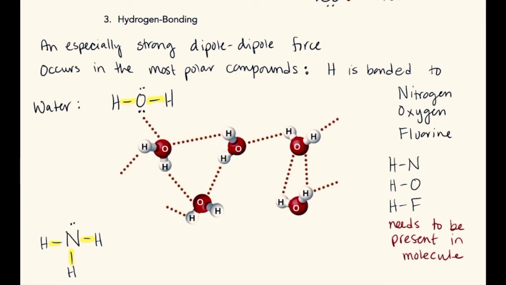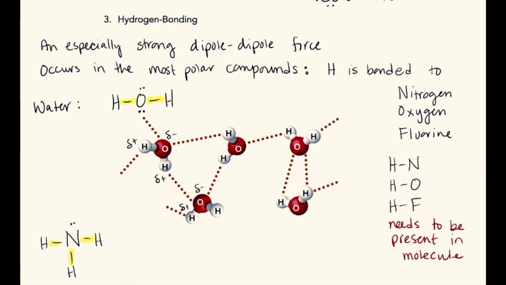So what we're looking at is water being a polar molecule. We have a water molecule here, and we have a partial negative on the oxygen and partial positives on the hydrogen. The hydrogen bond is the intermolecular force between the partial negative and partial positive.